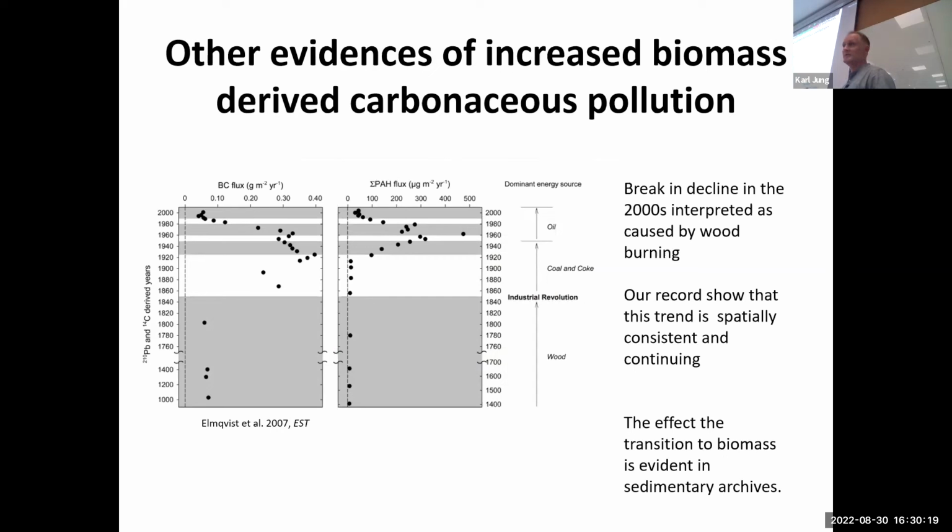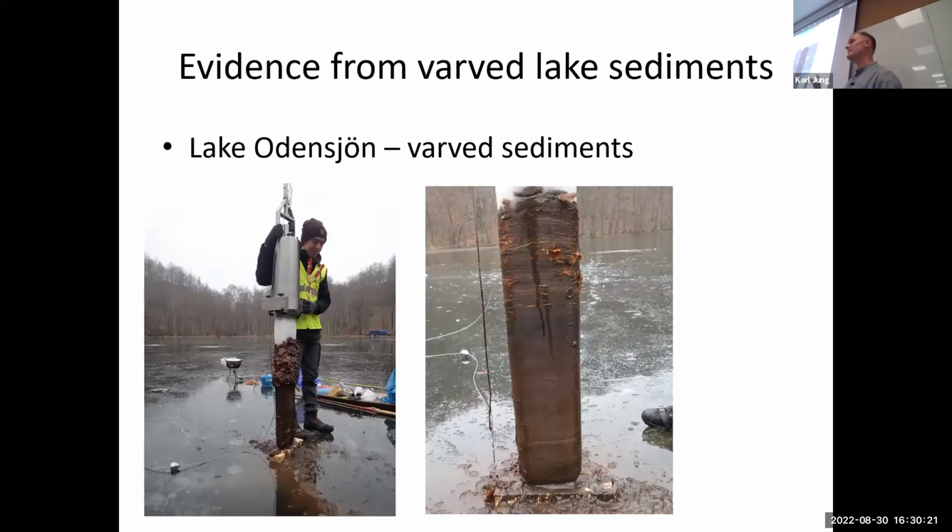So, to continue this, I have another site where I want to test this further. I have a varved sediment sequence, and here's my colleague Yevgeny, who we're helping out, a Ukrainian PhD, finished PhD, but helping out doing the coring.